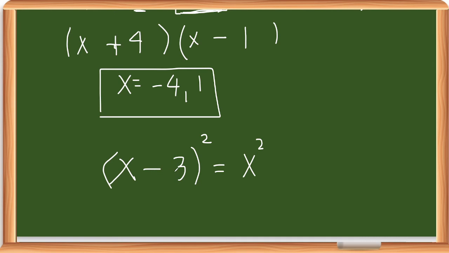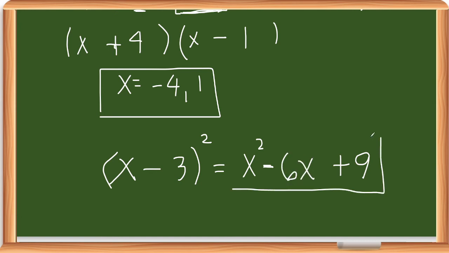Since it is minus here, and then it is always plus in the third term. So we have the square of this, which is 9. And then multiply this by 2, that's 6. So that is already the product. And we call this the perfect square trinomial. This product is a perfect square trinomial. It comes from squared binomials. Okay? Any question?